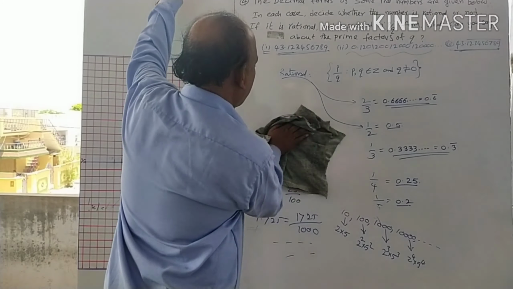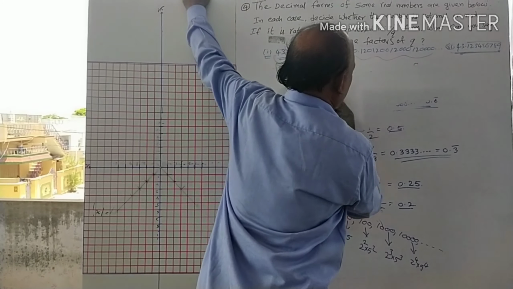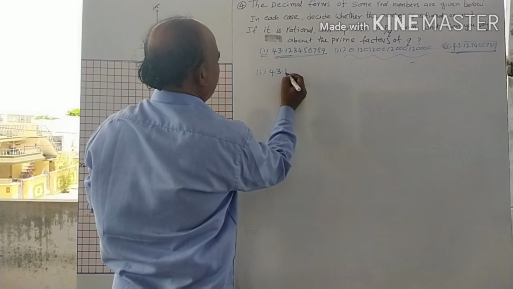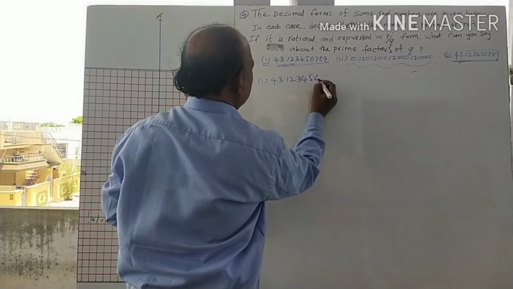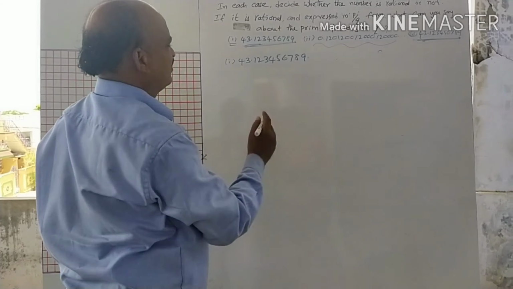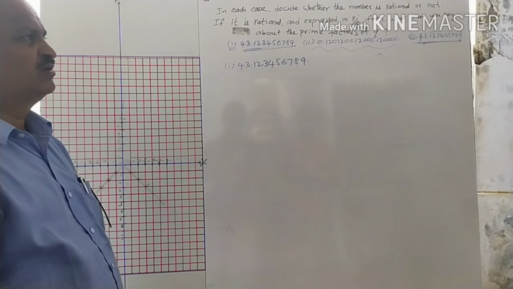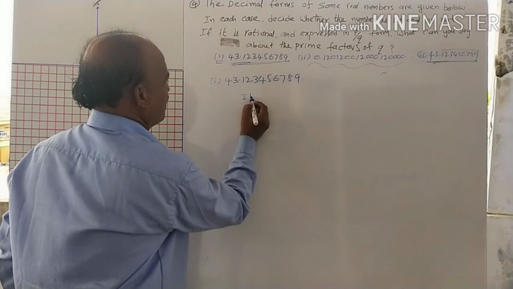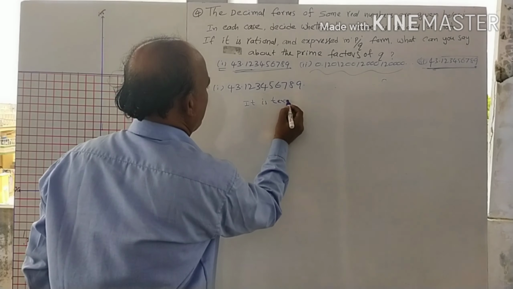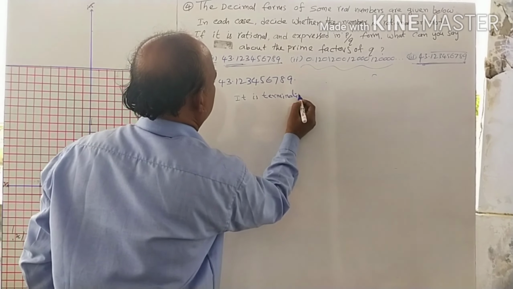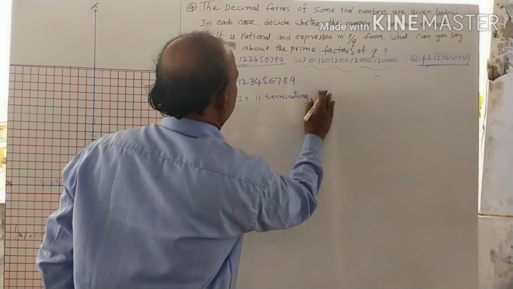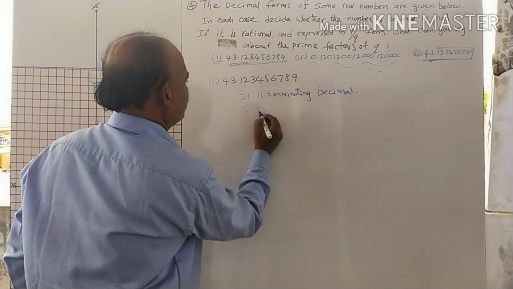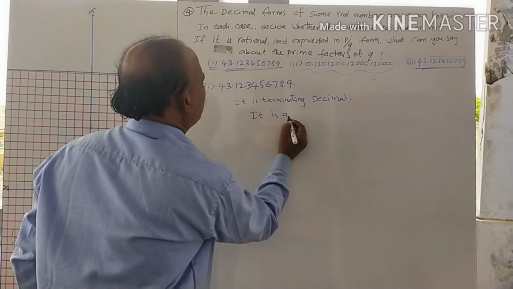Take the first example, 43.123456789. It is a terminating decimal. So it is a rational number.